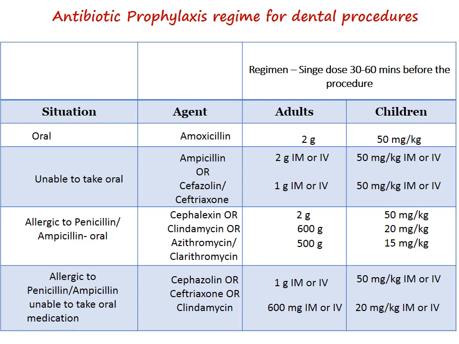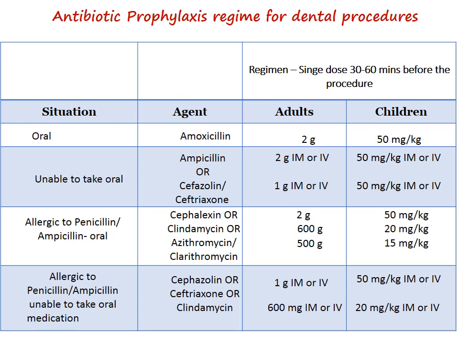If the patient is allergic to penicillin or ampicillin, then cephalexin or clindamycin or azithromycin or clarithromycin can be given. Cephalexin is 2 grams for adults and 50 milligrams per kg for children. Clindamycin is 600 milligrams for adults and 50 milligrams per kg for children. Azithromycin or clarithromycin is 500 milligrams for adults and 15 milligrams per kg for children.